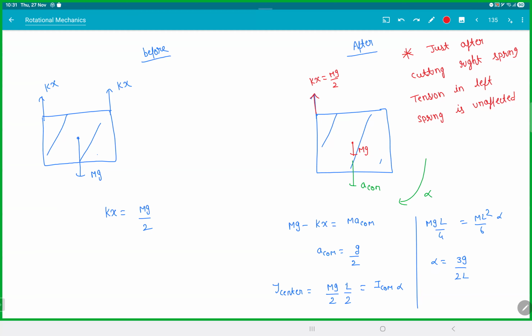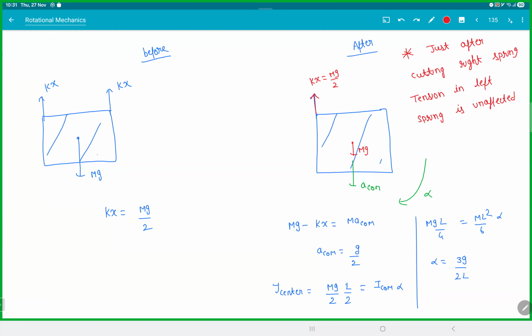But that point can have translational acceleration. Maybe I messed up there. Then the pseudo force will come. So what you're saying is fine, torque you found, but there's no guarantee it will be at rest. So you're assuming that point will never move, no matter what this does, that point is always there. That doesn't work. Meaning about that point, the torque is always 0. That is not true. Maybe that is why it is not working.